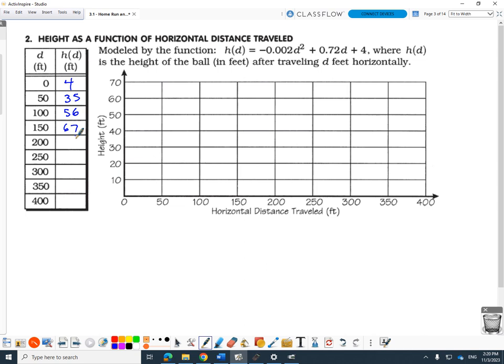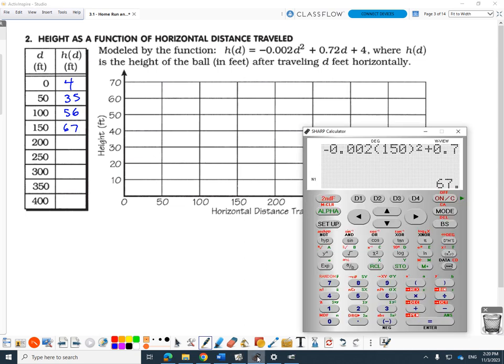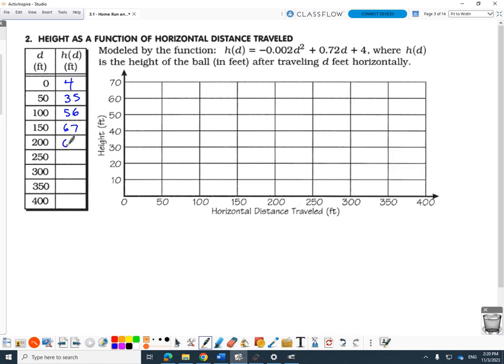Yeah. Now 200. Where is it as it's about to get where the left fielder might be standing? You get 68? So it's got up to its highest point. I don't know exactly where, close to where the left fielder is.